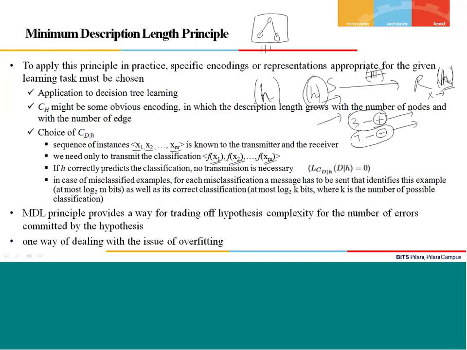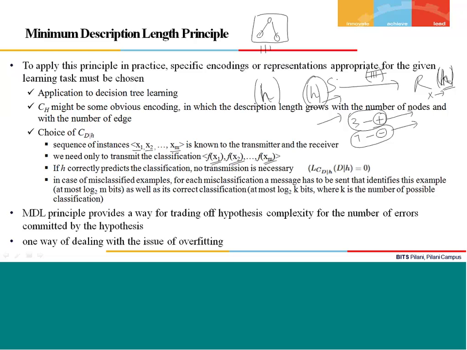So the sender needs to send only the hypothesis, and because he used a larger hypothesis, he doesn't need to send any misclassification errors. But if he uses a shorter hypothesis description length, then there would be misclassification errors also. In that case, along with the hypothesis, he needs to send those misclassified examples plus their actual classification.